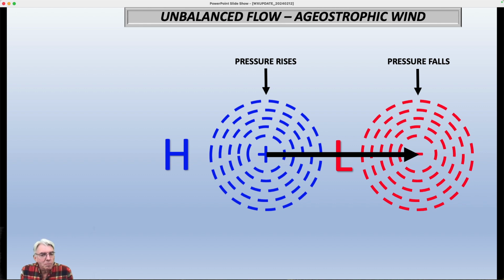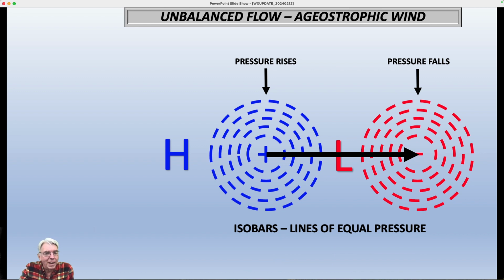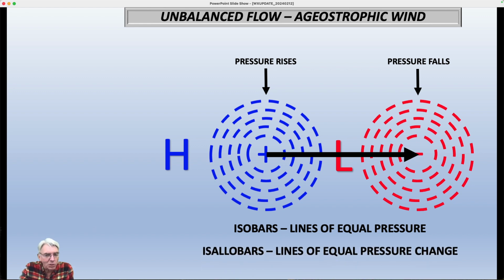So if you have a big storm that is rapidly intensifying, you tend to get these couplets of pressure rises and pressure falls, and it greatly influences the wind and causes accelerations to occur and for the wind to be much stronger than it would be otherwise. So isobars are lines of equal pressure. Isallobars are lines of equal pressure change.